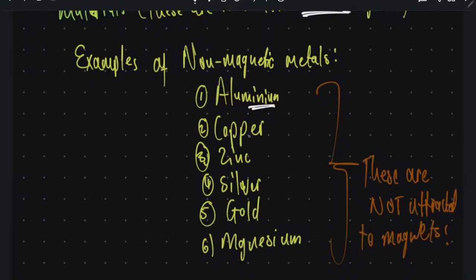Aluminium, copper, zinc, silver, gold, magnesium. Look at all these metals. Obviously, non-metals, we don't even have to put them. They will never move. But we're talking about metals. They're the ones who may be attracted or may not be. When we say it's non-magnetic, it will be a metal that is not attracted.